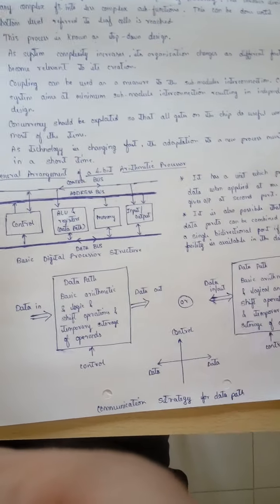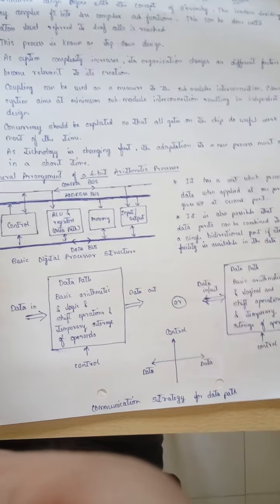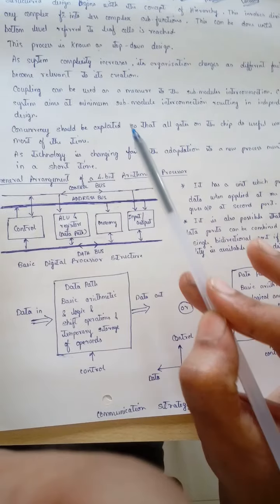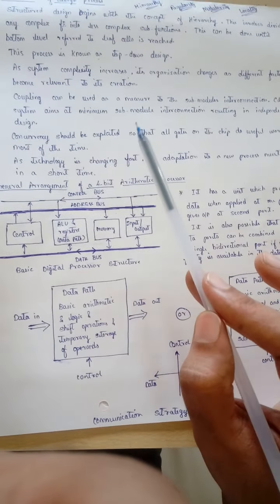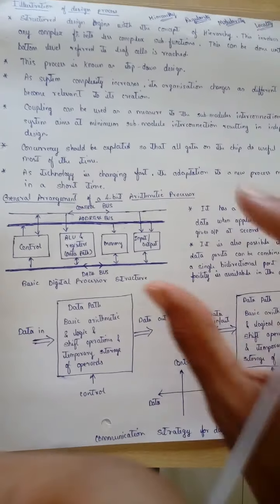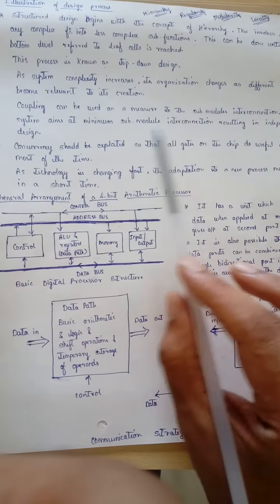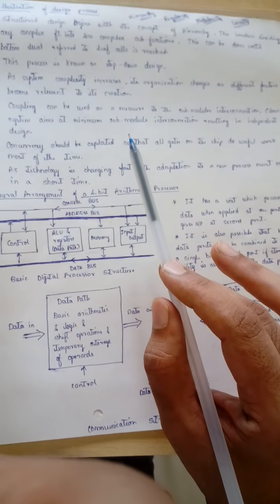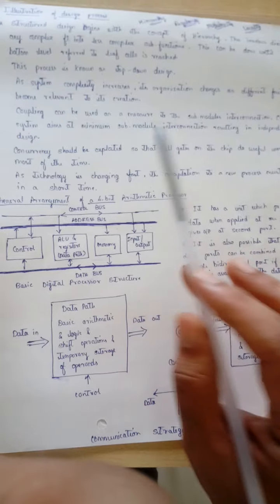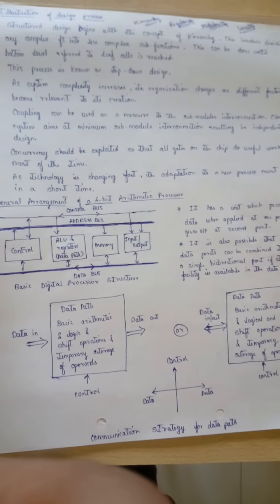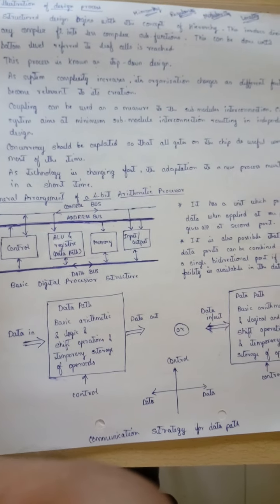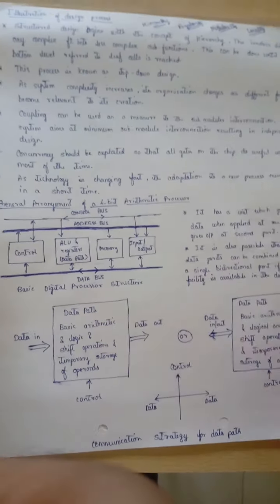It's the best system out of all the designs possible. The module is divided into submodules, so this submodule interconnection should be as minimum as possible, and it will result in independent design. Independent design means whatever the designer does on his own wish and will.